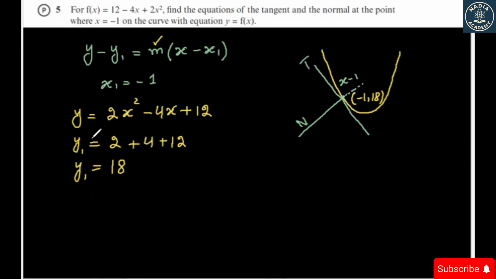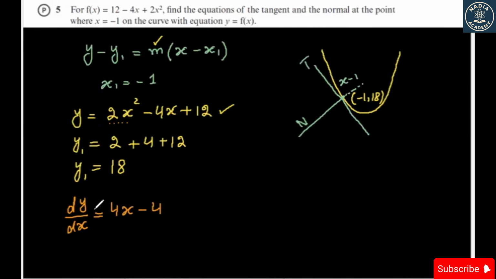So we are going to take the derivative of the parabola, and dy over dx, which is the gradient of the parabola, will be equal to this. It is given in multiple terms, so we can find the derivative of each term. The derivative of 2x squared is 4x, and then -4x has derivative -4, because the derivative of x is 1, and the constant term gives 0.